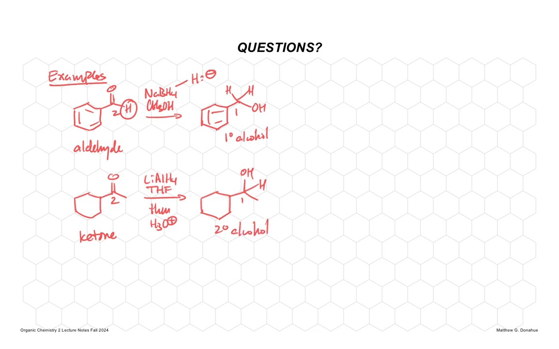So those are just things that you can keep in mind, what you're starting with and how to rationally predict what you're going to end up with. So just a brief recap, sodium borohydride only acts on oxidation state 2. Lithium aluminum hydride is 2 or 3. So those are, I would say, like predict the product type reactions.